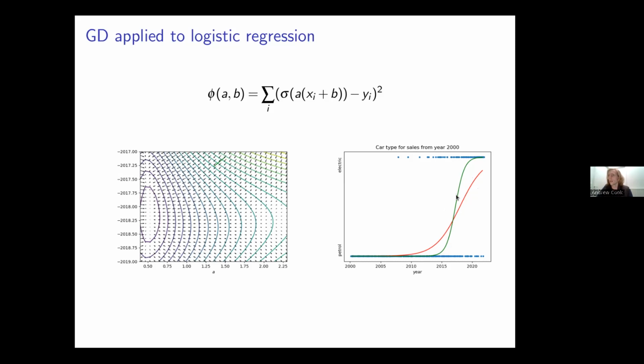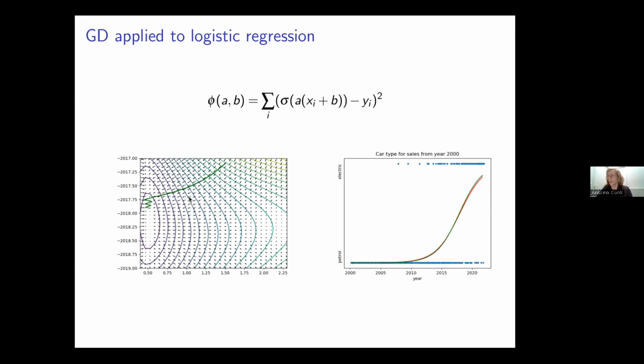Taking another step, you can see that the green graph is gradually getting closer and closer to the true distribution as our gradient descent approaches a local minimum. And here it starts to zigzag, and now it's zeroing in on this local minimum.